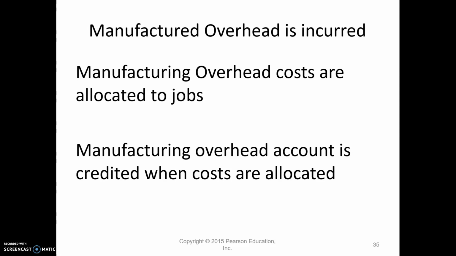So when we take it out of manufacturing overhead by allocating it to a job, we will credit manufacturing overhead. And ideally, we'll credit manufacturing overhead for the amount that we had recorded as debits in manufacturing overhead. So manufacturing overhead, we put it in there as we incur it, and then we'll eventually take it out of manufacturing overhead and put it on jobs.